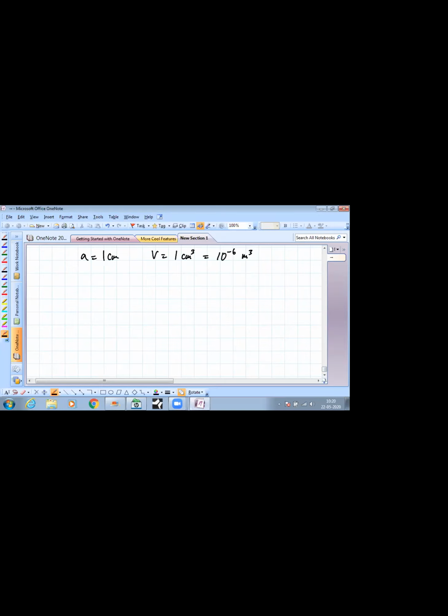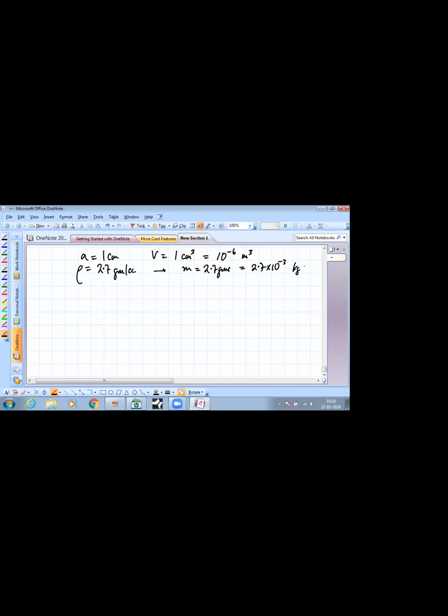It is made of solid aluminium, and the density of aluminium is given to us as 2.7 gram per cc. So the mass of aluminium that we'll have is 2.7 grams or 2.7 into 10 raised to the power minus 3 kilograms. Okay.